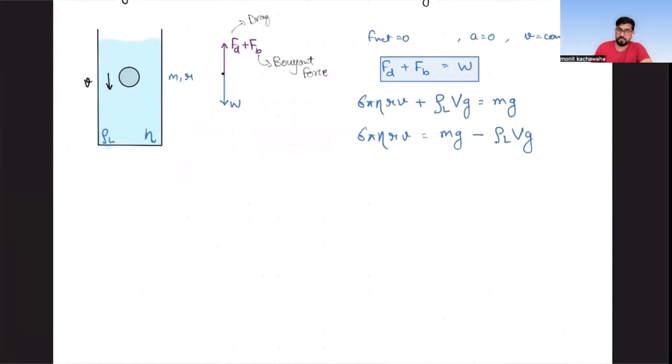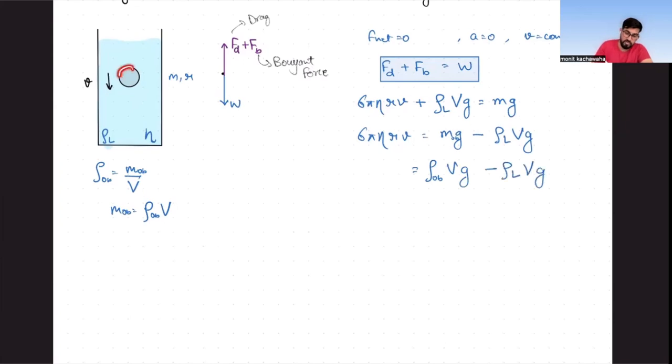Now, one more thing: the density of the object is the mass of the object upon the volume of the object. So from here, the mass of the object is density of the object times volume. So I can write density of object times V times g minus rho L times V times g.